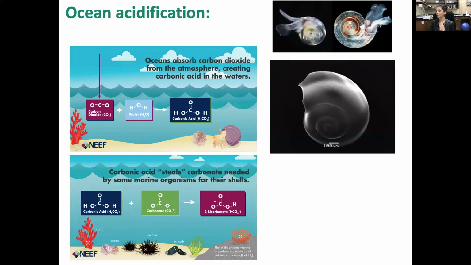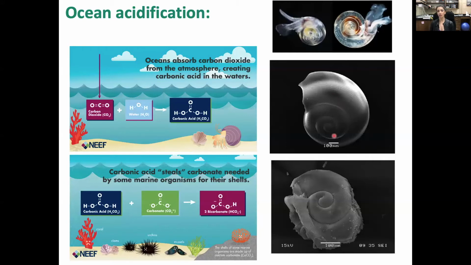Here, we have a sea butterfly shell in normal seawater that doesn't have too much carbonic acid. It is not an acidic environment yet, but once you add enough CO2, this is what the shell looks like. It has been completely eaten away by that carbonic acid. Extremely sad, but this is just one small example of what ocean acidification is doing to the biodiversity in our oceans.